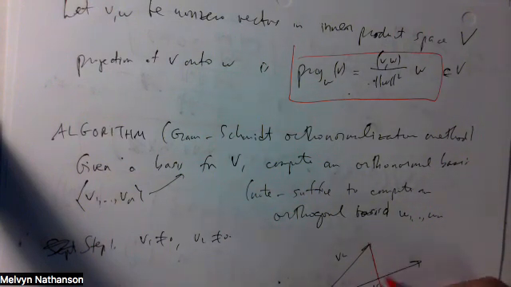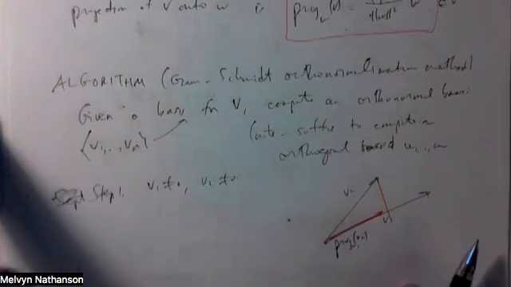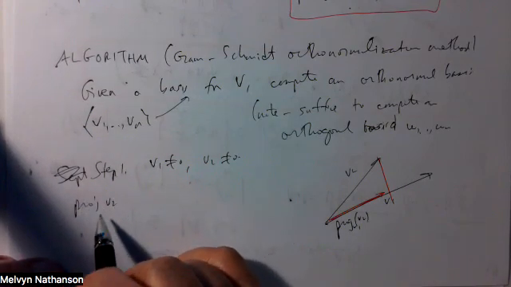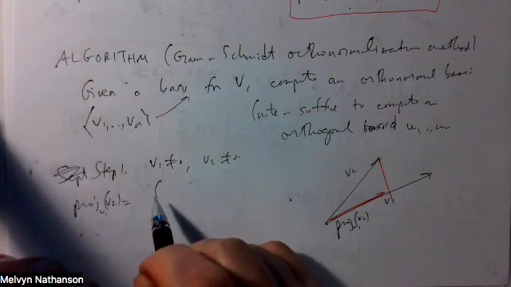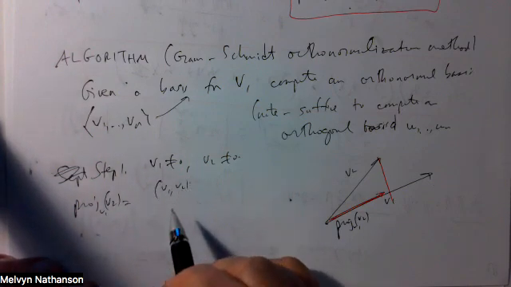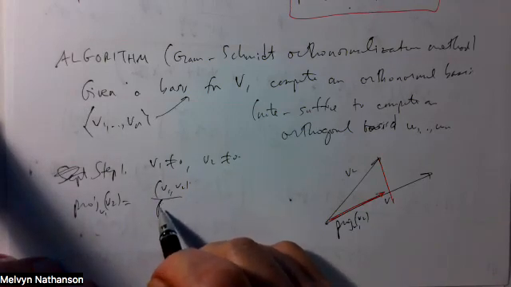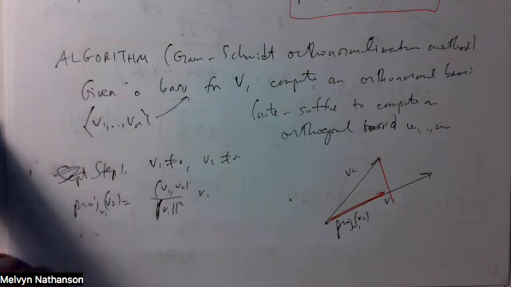Now, I can compute the projection of V2 in the direction of V1. The projection of V2 in the direction of V1 is the inner product of V1 and V2 divided by the length of V1 squared times V1.